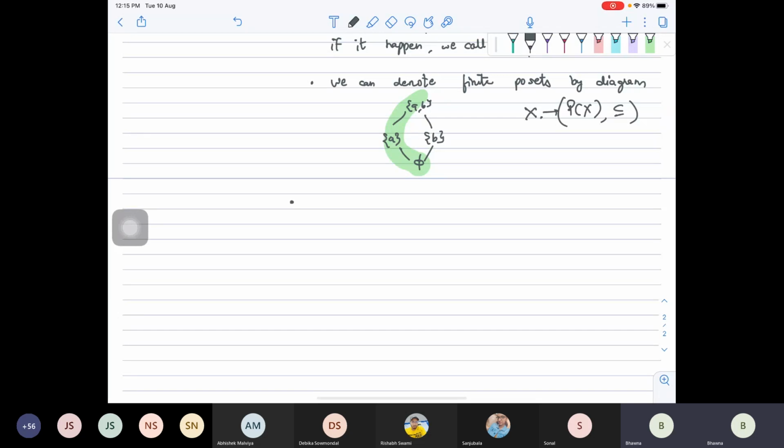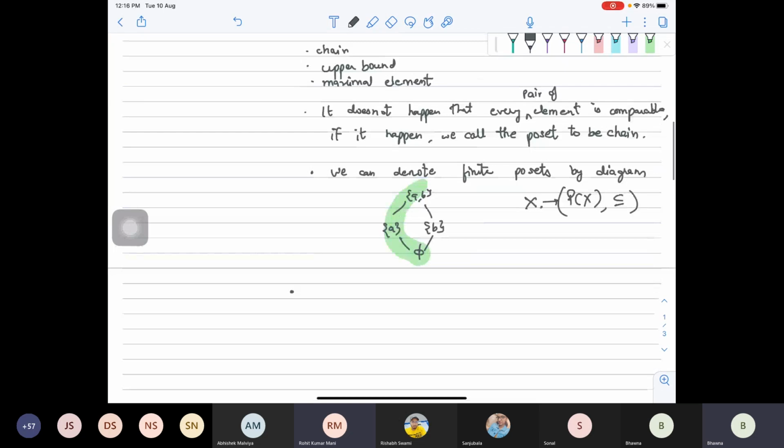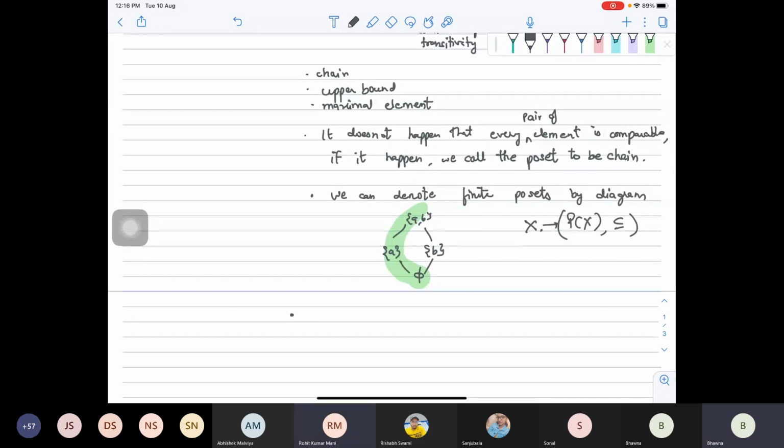Ma'am, I was asking that in the above line, you wrote that if there is a relation between every pair of elements, then it is a chain.